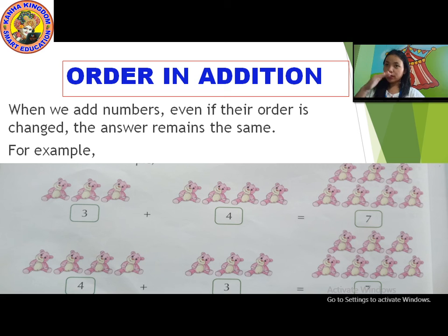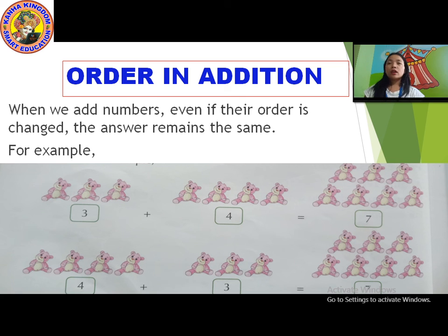Okay student, now in the second picture, in the second line, you are adding 4 teddy bears first, and after 4 teddy bears you are adding 3 teddy bears. That means the answer is 7. See, the answer is the same, but the order is changed.